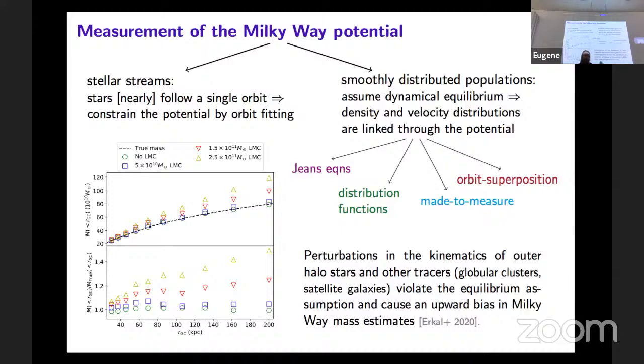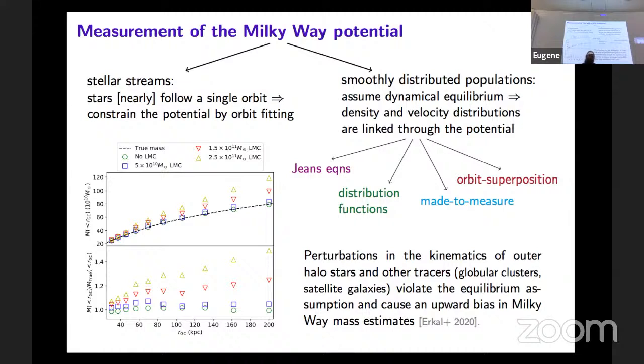They start forming, they stretch along the orbit, and fitting the stream orbits could be used as a way to measure the potential of the Milky Way. So the studies that I mentioned already, the Orphan-Chenab stream and the Sagittarius stream, they both use the models to constrain not only the LMC mass, but also the Milky Way mass. I will later show how these constraints fare against each other.